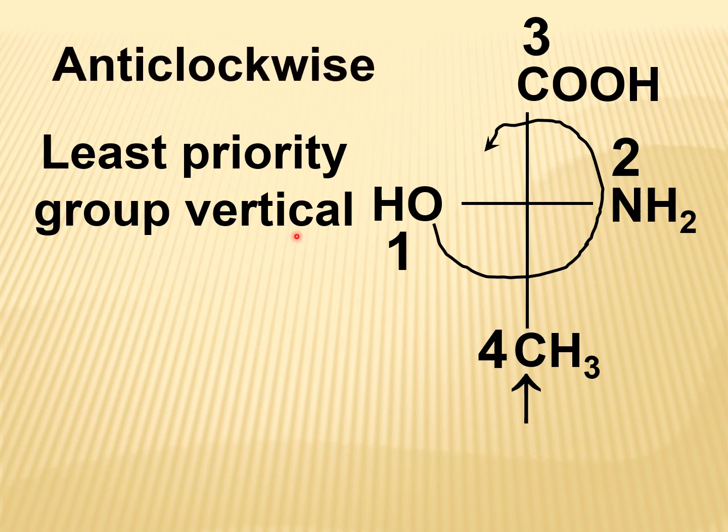So vertical anti-clockwise, the designation will be S. So this compound is S-amino lactic acid. So this is how you are assigning the R and S naming for optical isomers.